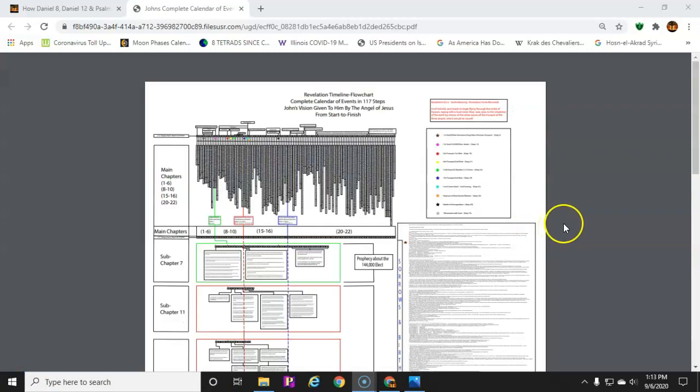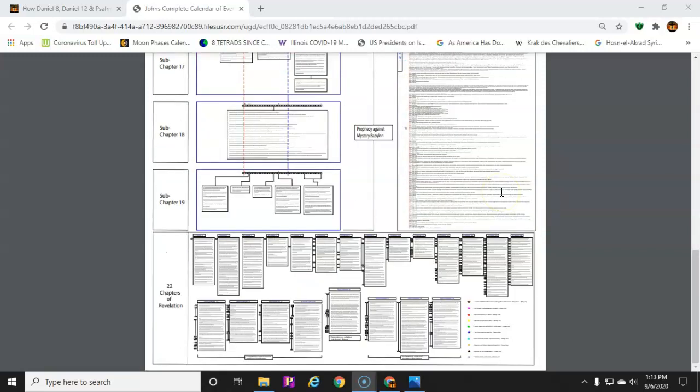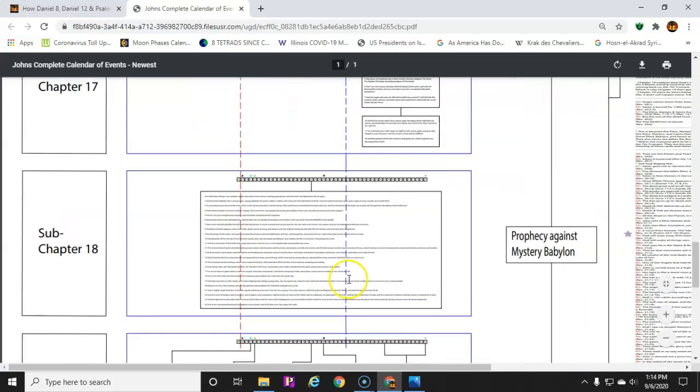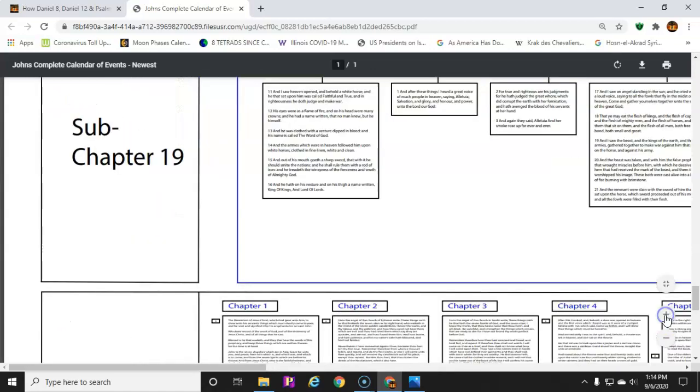So as you look at this timeline, you'll notice that I built a text file that runs down this page, and at the bottom you can actually look at all 22 chapters in the book. I just took them right out of the King James Version Bible and laid them down here, and then I applied the different steps.